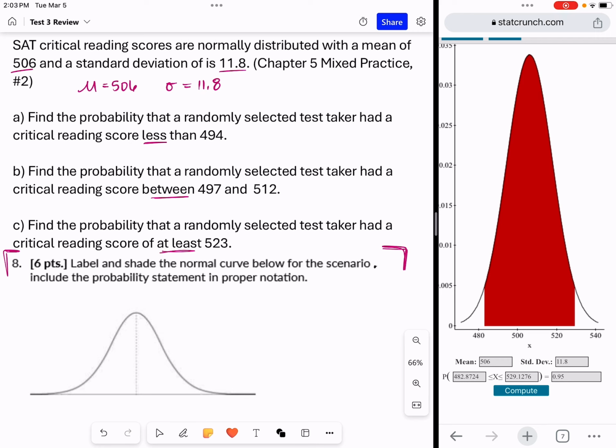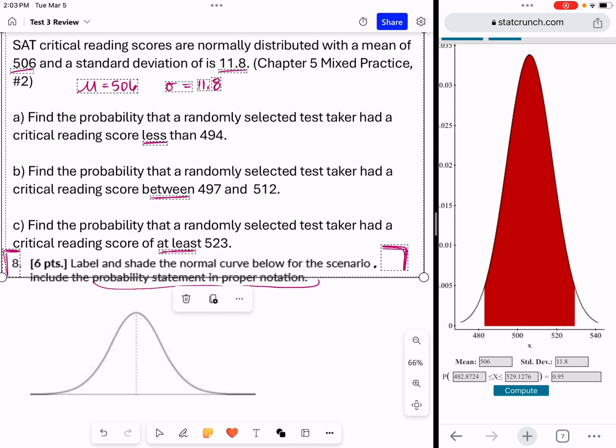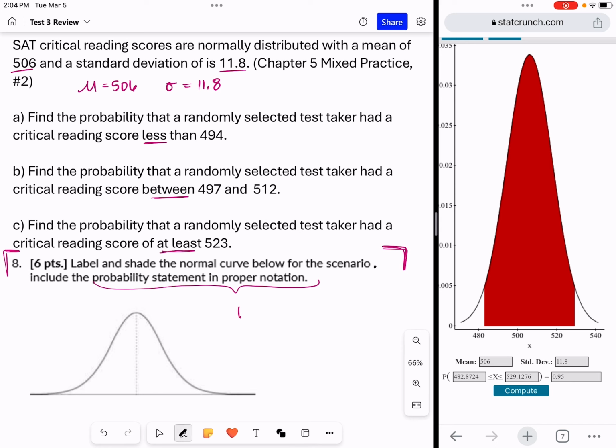You're going to label and shade the normal curve, and then be sure to include the probability statement in proper notation. So what that means, in this case, for this first one, is the probability that x is less than 494.